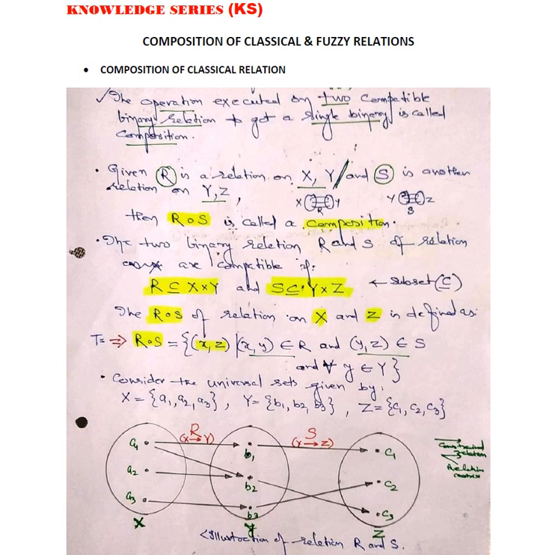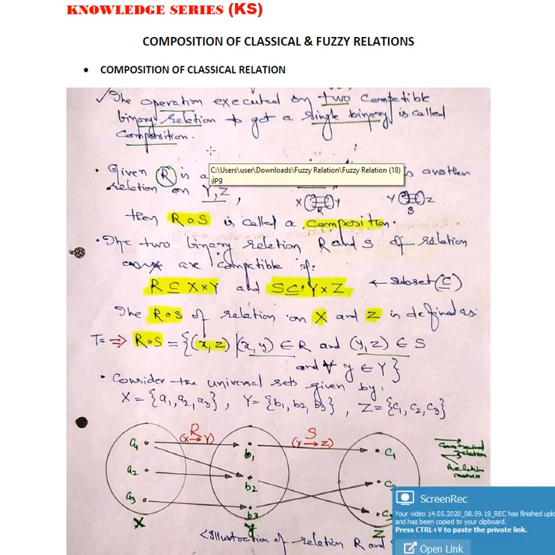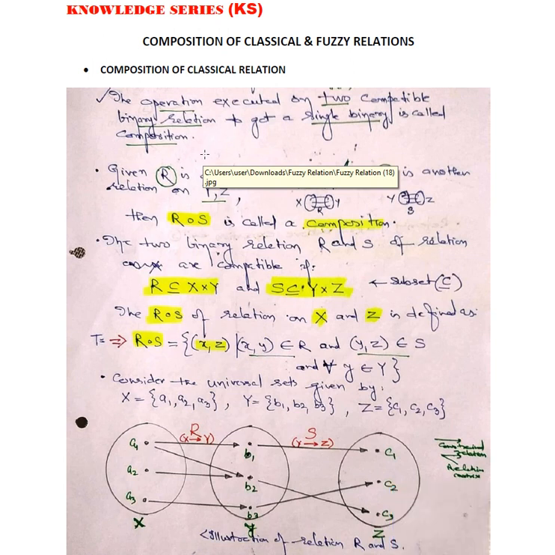Now, based on further discussions, there is a term called composition. The operation executed on two compatible fuzzy relations to get a single fuzzy relation is called a fuzzy composition. That means you take a fuzzy relation and map it with another fuzzy relation so that you can compose them.